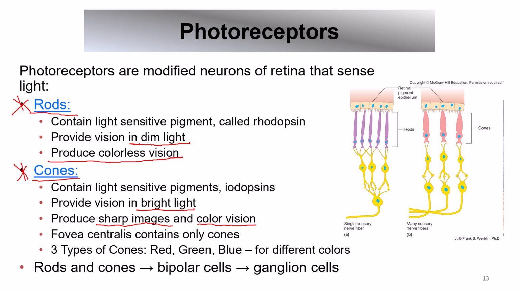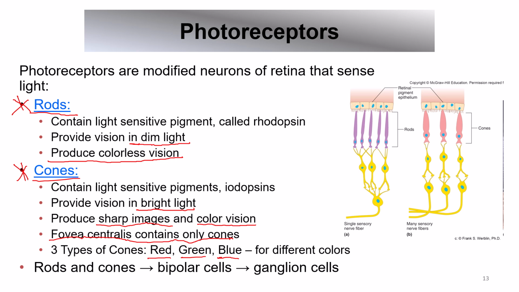Fovea centralis, that's on the back of the retina, this region contains only cones. There are three types of cones, red, green, and blue, for the different colors. If more than one is activated, that gives us intermediate colors.